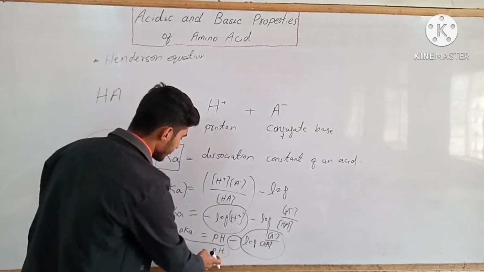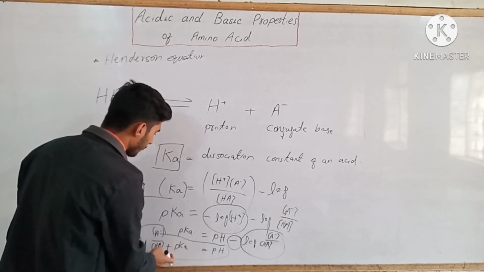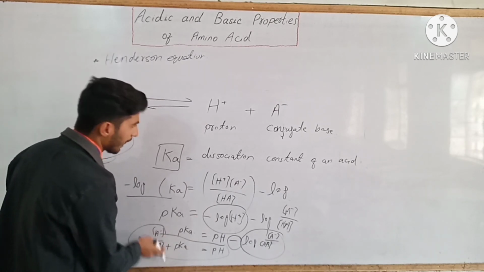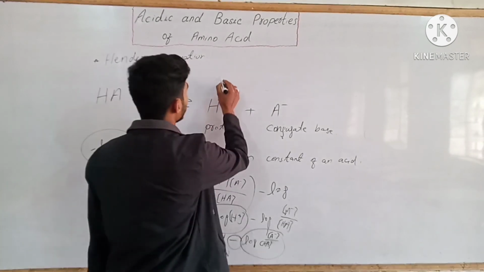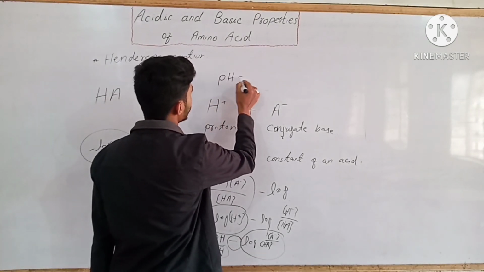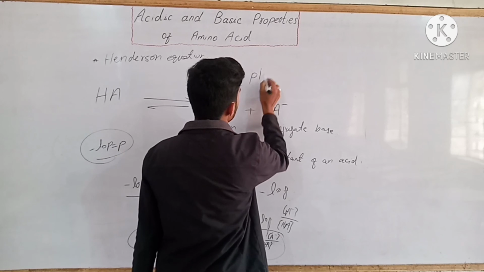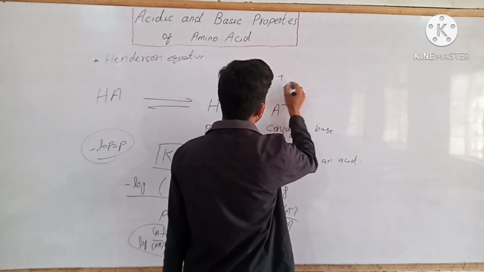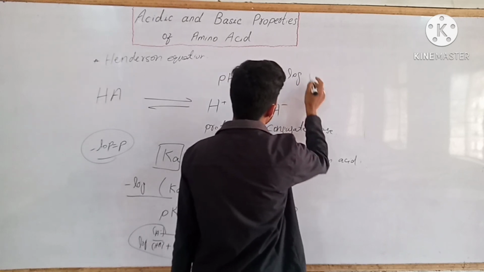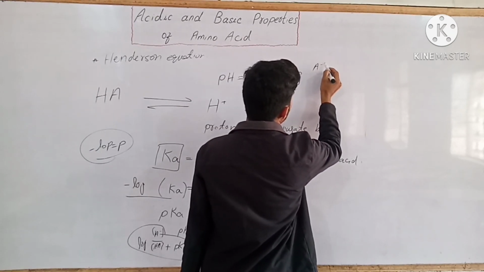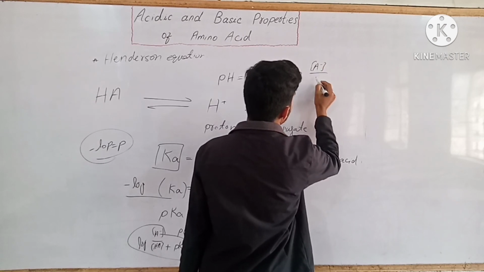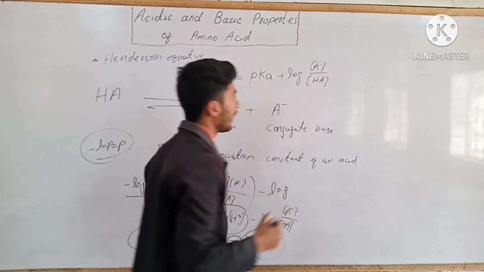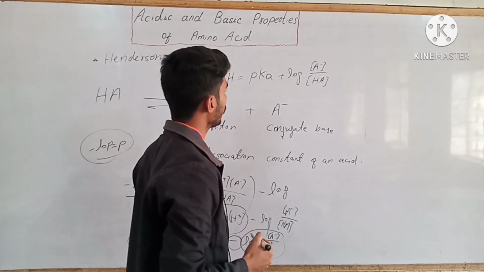The pH is equal to pKa plus the logarithm of conjugate base over acid. That is, pH is equal to the dissociation constant of the acid plus the logarithm of the concentration of the conjugate base over the concentration of the acid.